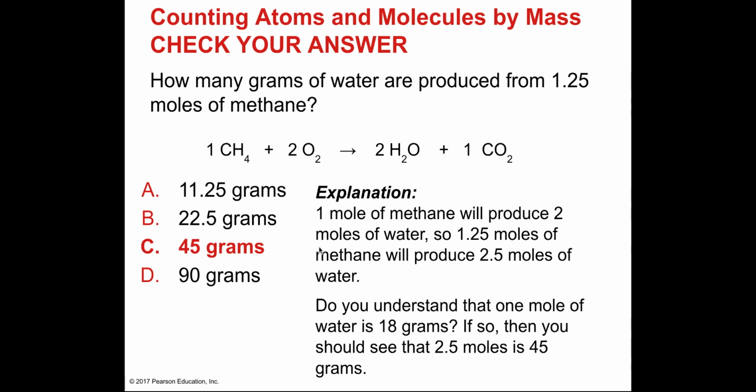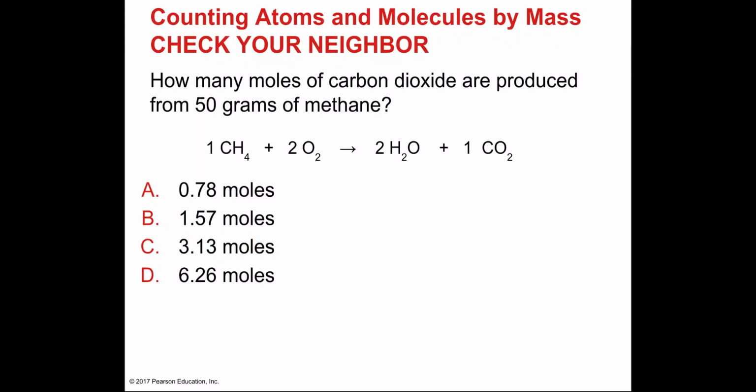So 1.25 moles of methane will produce what? You just multiply. The number of moles of methane is going to be doubled to produce the number of moles of water, because 2 is a double of 1. So if you bring in 1.25, you just need to double that number, and that's how you get 2.5.